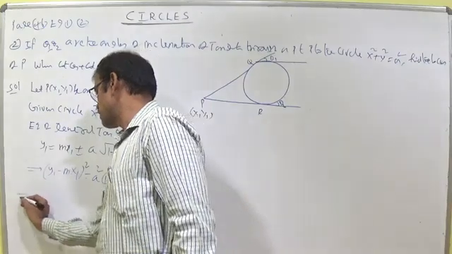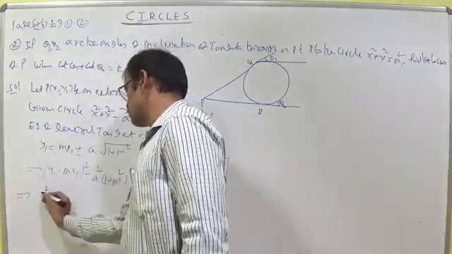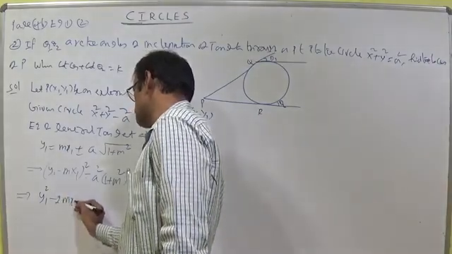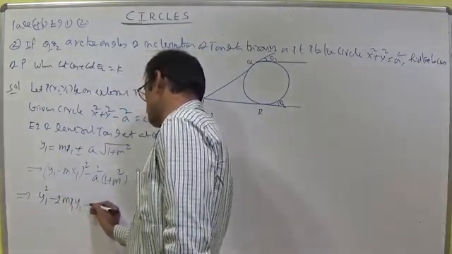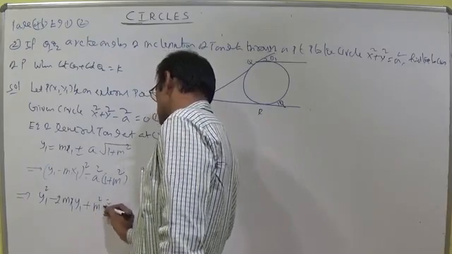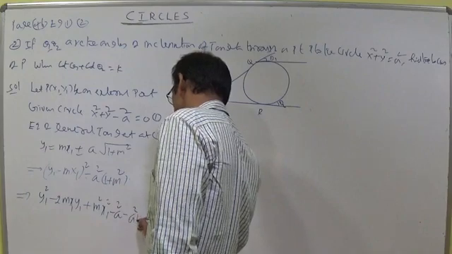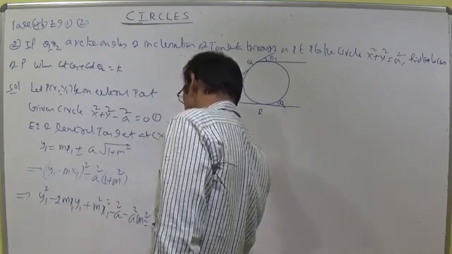Now, by squaring both sides, you can multiply like this: y1 square minus 2m x1 y1 plus m square x1 square minus a square m square is equal to 0.